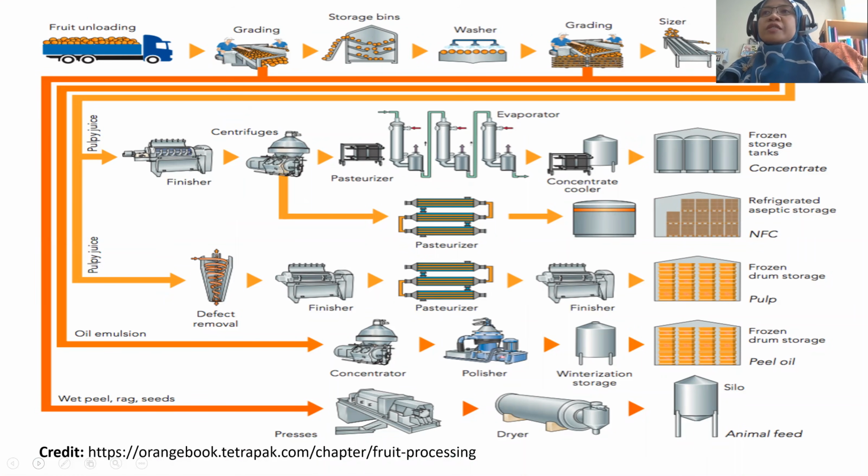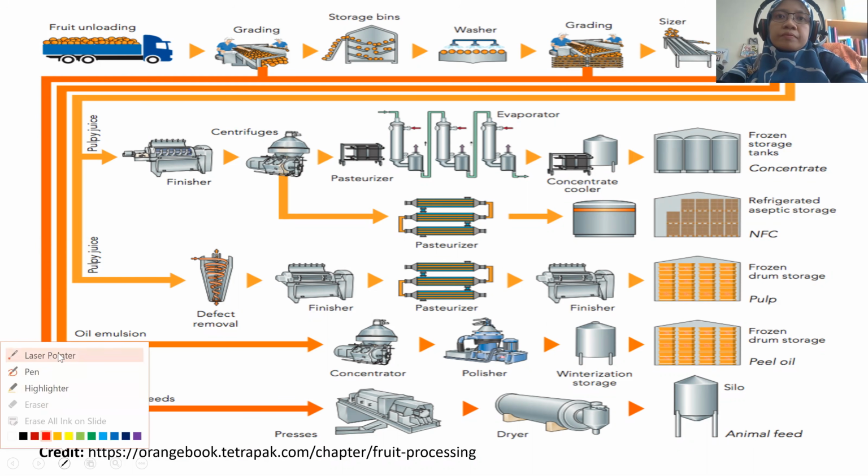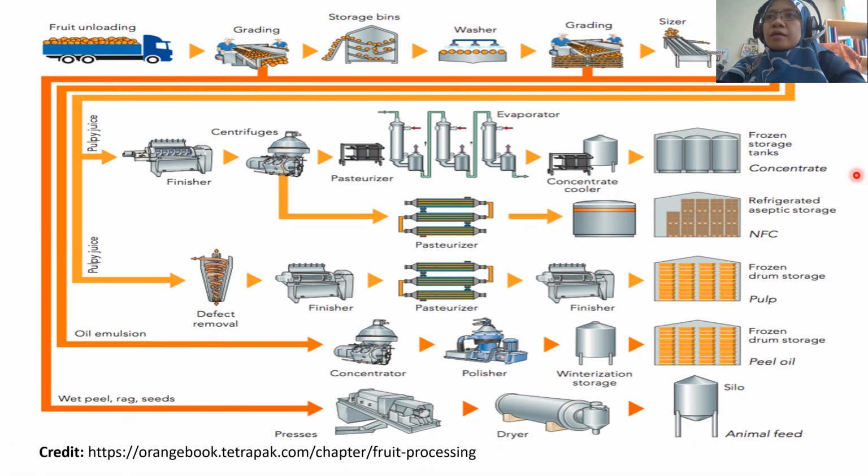Before I explain further, let's look at this process flow diagram for an orange processing plant, which produces orange juice as its main product.